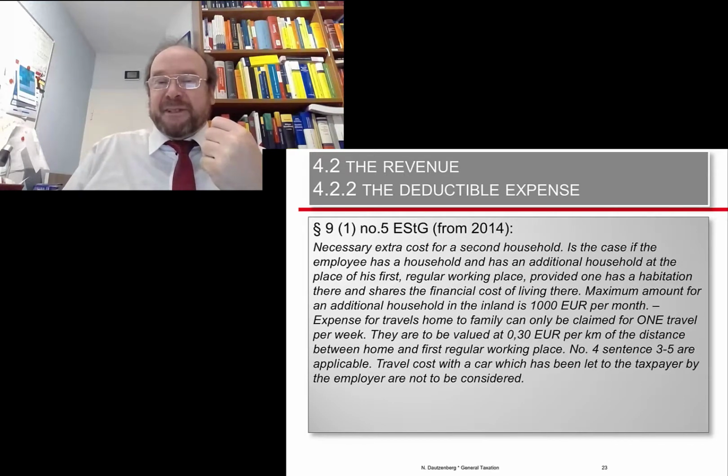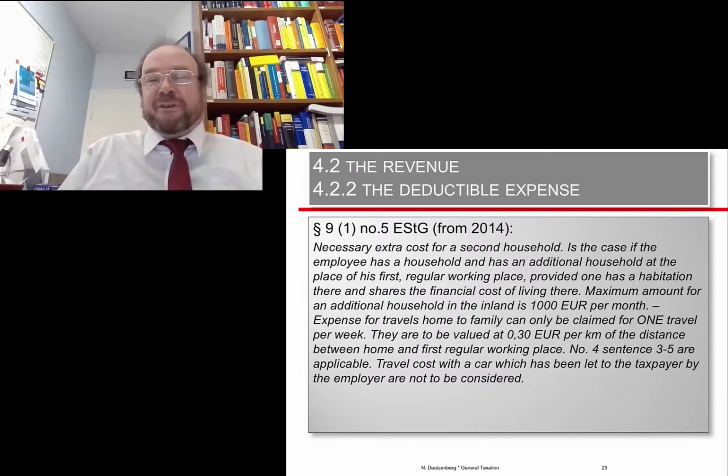I just refer you here to the text of the German law, or the example which I had with the second home which you need in Hamburg.